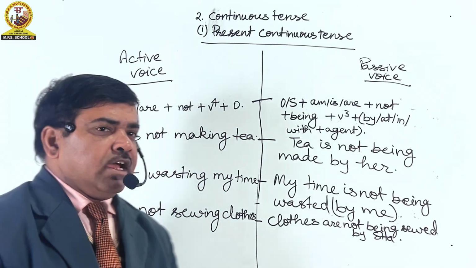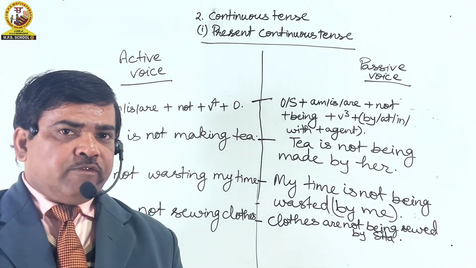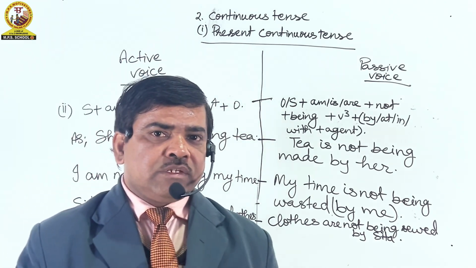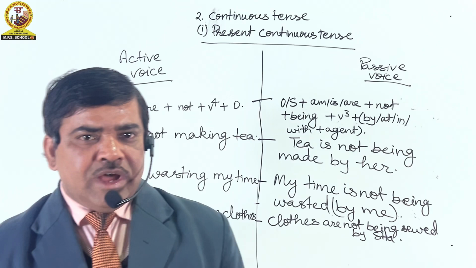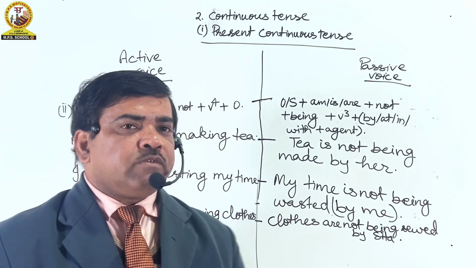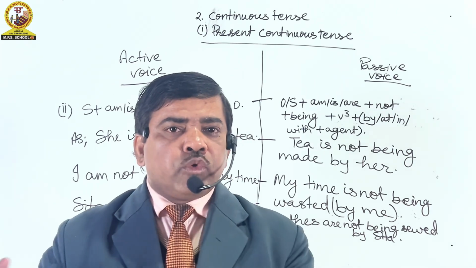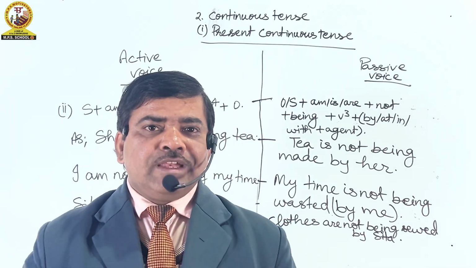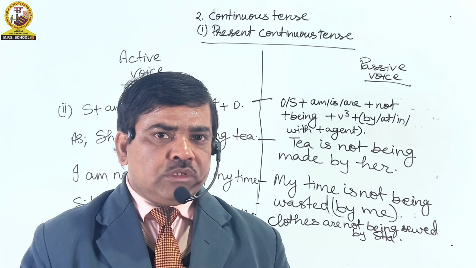So friends, I have taught you two structure formulas of present continuous tense in active voice and passive voice in this session. I have also taught you a few examples with the help of which you can learn how to use the formula in active voice and passive voice both.